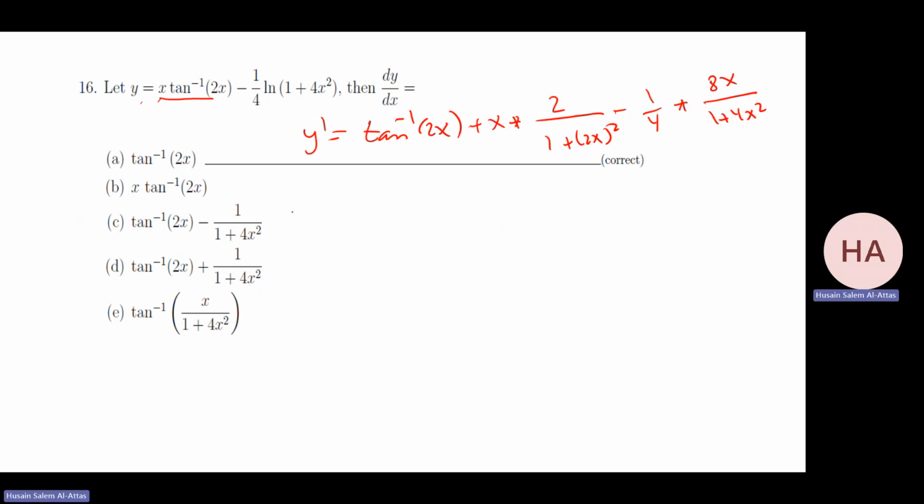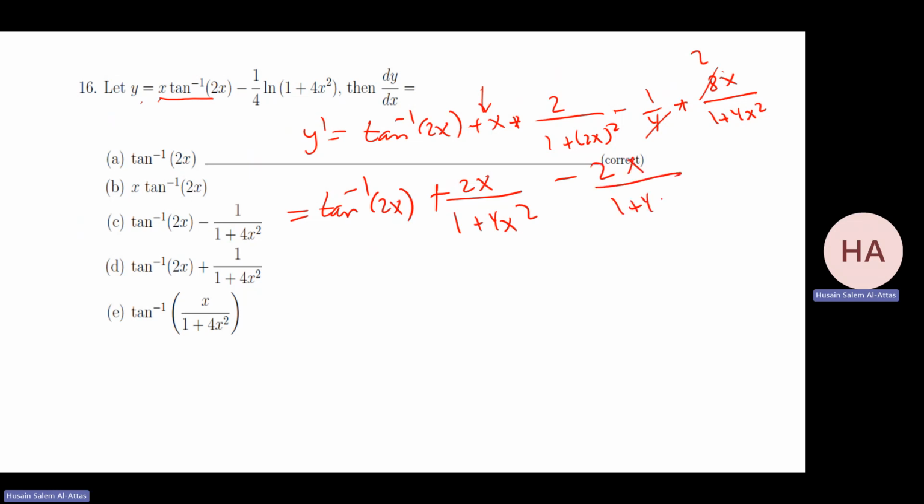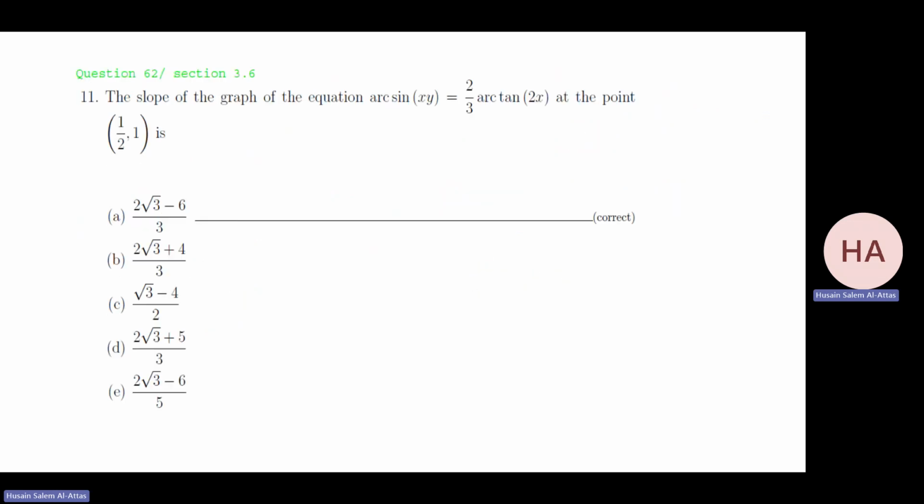Okay, and that will be tan inverse of 2x plus 2x over 1 plus 4x squared, minus... oh, this is plus, this is plus, this is minus 2x over 1 plus 4x squared. Cancelled. So I have tan inverse of 2x.